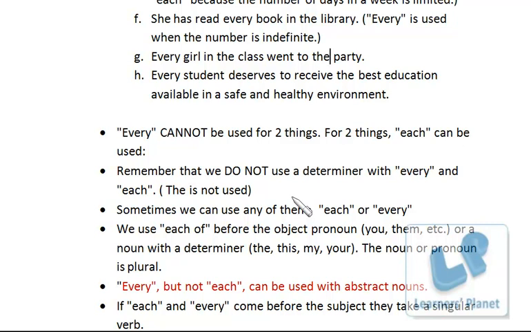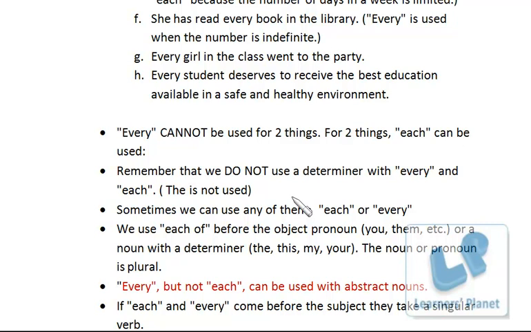Apart from that, we use each of before the object pronoun. Object pronoun, that means the pronouns which are used as object. You, them, her, something like that, right? So we use each of you, each of them, right? Or a noun with a determiner, the, this, my, your. The noun or pronoun is plural over here.